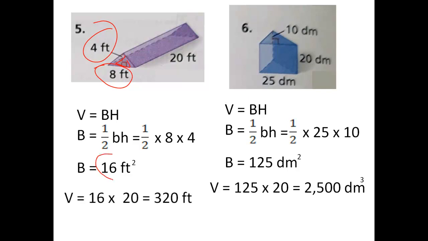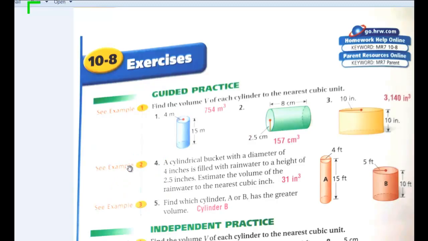I will take the area of the base multiplies the height of the prism. It will be 16 multiplies 20 feet, which equals 320 feet cubed. Don't forget the unit.